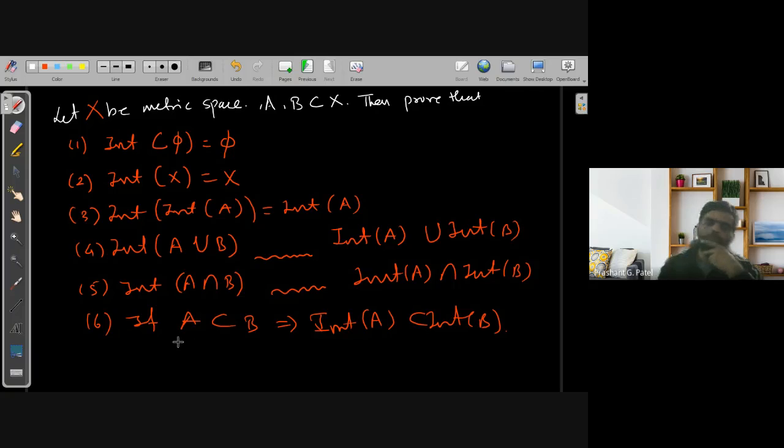And also, if A is a subset of B, then it will imply interior of A will be a subset of interior of B. Now, the first is easy to see. Let us see the proof for that.